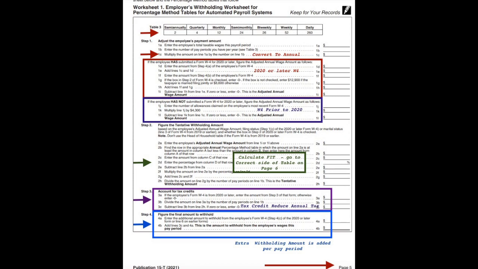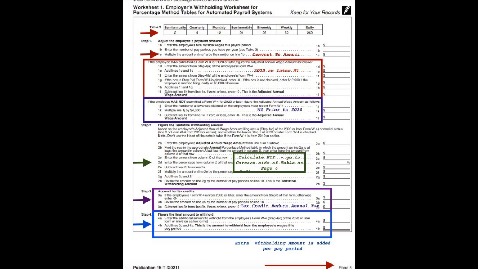Now let's see how the employer will calculate the adjusted annual wage amount if he still has the W4 from prior to 2020. If the employee has not submitted a W4 for 2020 or later, figure the adjusted annual wage amount as follows. Enter the number of allowances claimed on the employee's most recent Form W4.